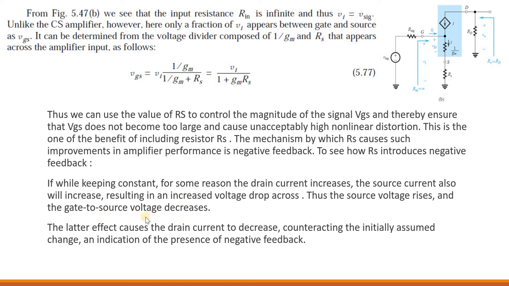Gate to source voltage decreases. This latter effect causes the drain current to decrease, counteracting the initially assumed change, an indication of the presence of negative feedback. So this is the impact of your Rs. By including Rs, even though your voltage reduces, it compensates the drop.